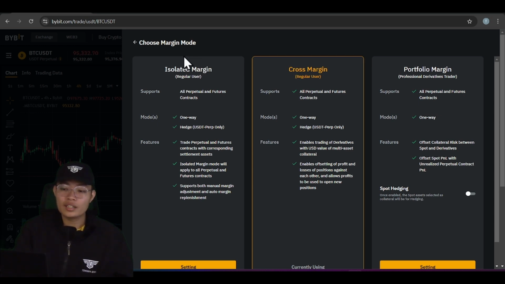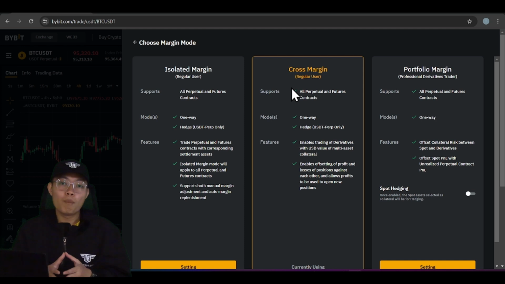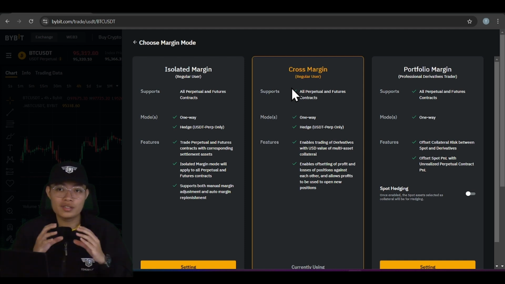In cross margin mode, your entire available account balance is used as collateral for your open position. This means the system uses the remaining funds in your account to prevent liquidations. So all your available funds can be used to cover potential losses for a specific position.